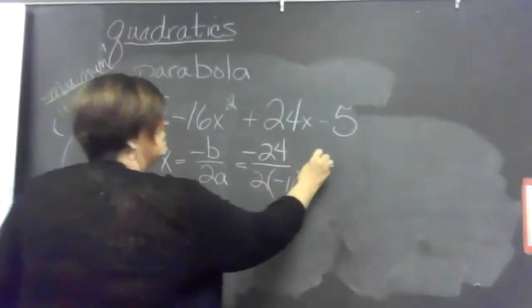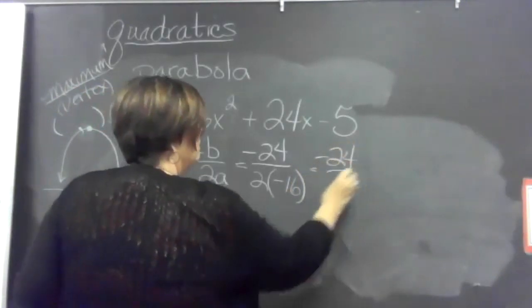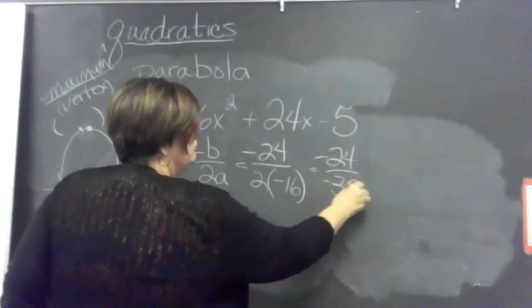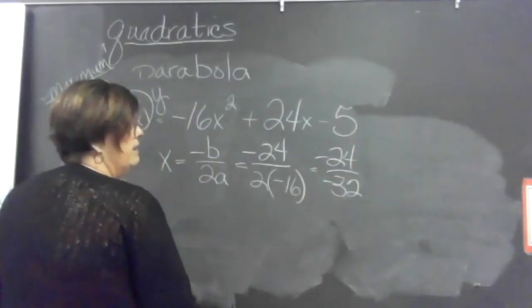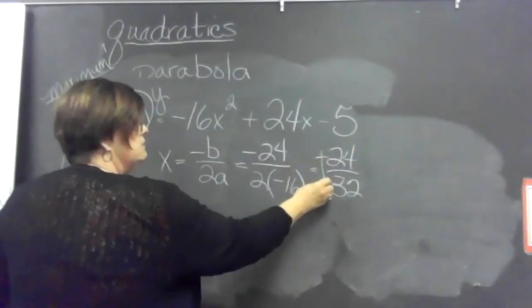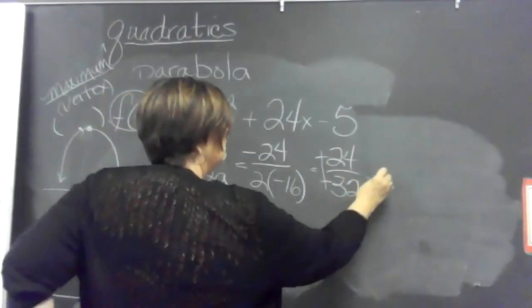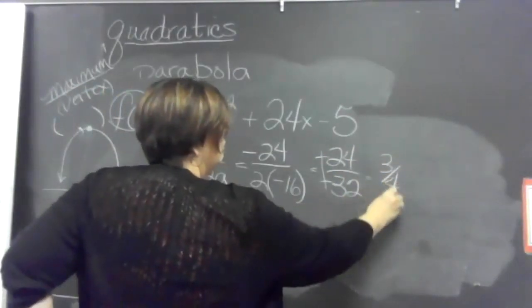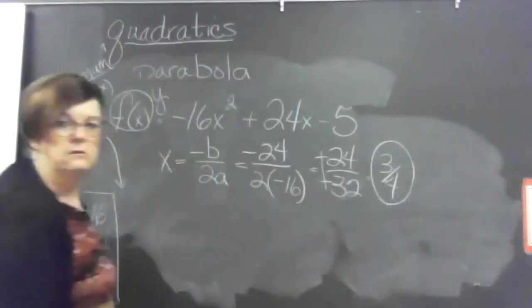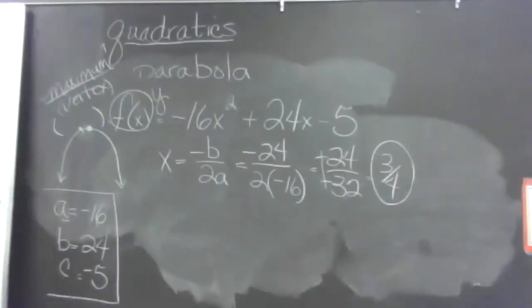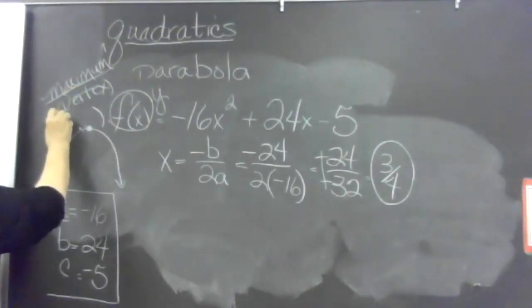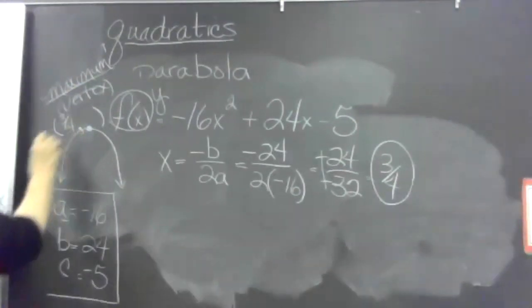And that will be a negative 24 over a negative 32. When we simplify that, the two negatives cancel each other out. Divide the top and the bottom by 8, and we have 3/4. So the x of the maximum right here is going to be 3/4.